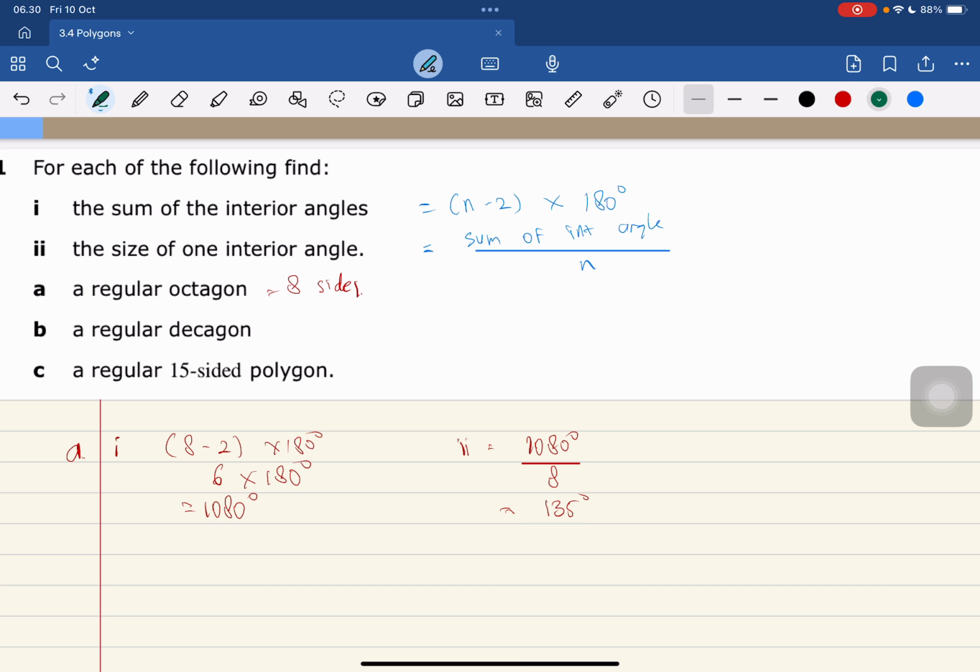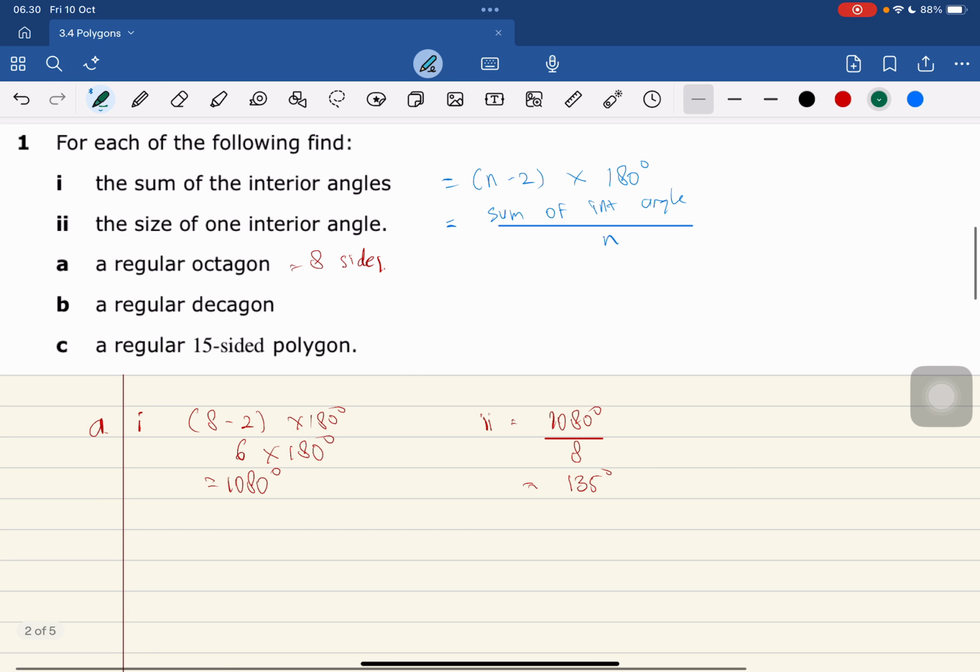Okay, go on. A regular decagon. A decagon has 10 sides. So this is B. First, 10 minus 2 and multiplied by 180 degrees.